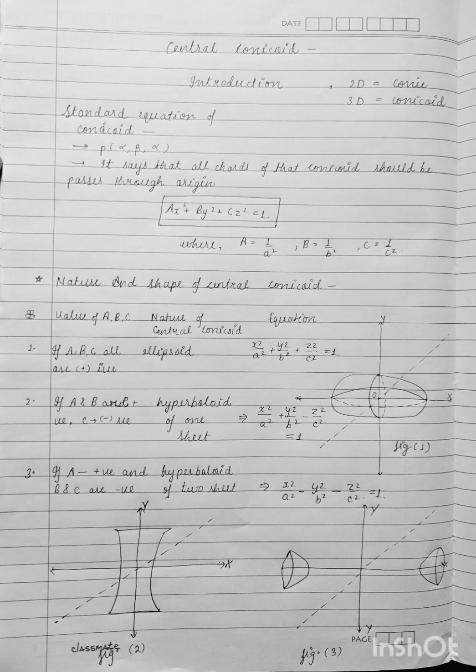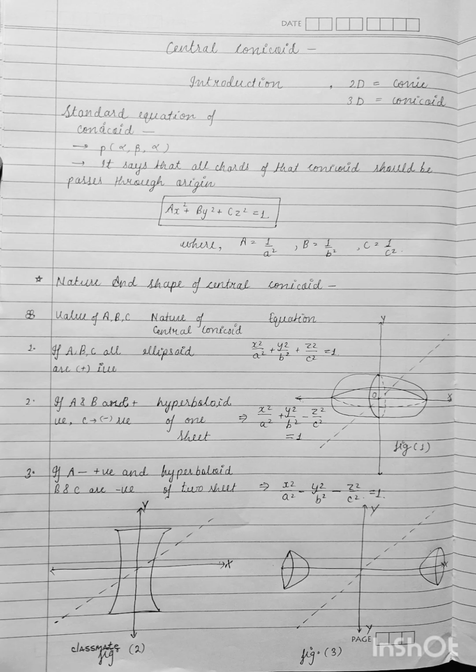So the equation of the hyperboloid of 1 sheet is x square upon a square plus y square upon b square minus z square upon c square is equal to 1. As the value of C is negative, we put a minus on the z term. So it is the hyperboloid of 1 sheet.